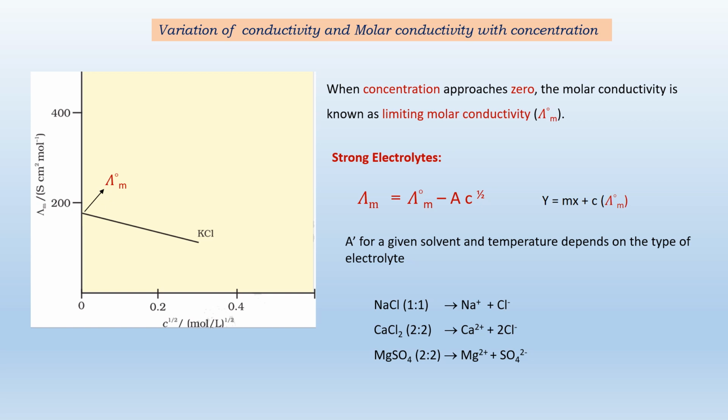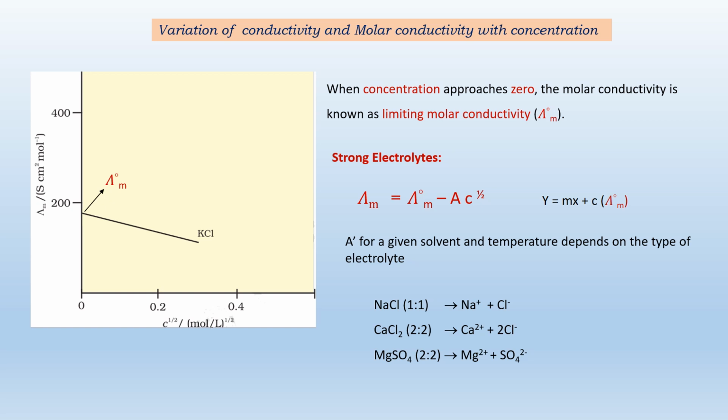If you decrease the concentration as shown in the graph, the molar conductivity increases. You should also remember the formula lambda m is equal to kappa by C. If the concentration decreases, then the lambda m value will increase because of inverse proportionality.